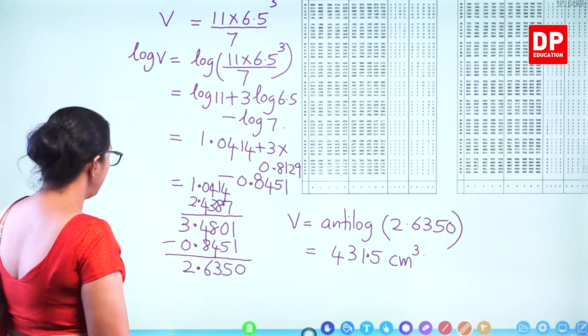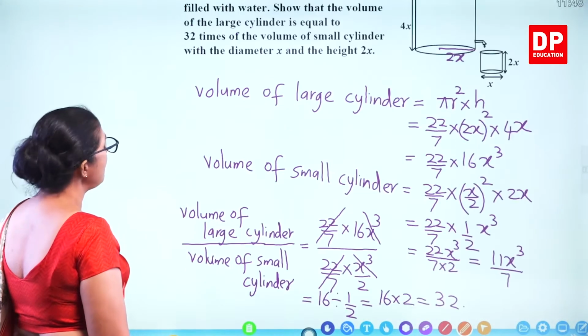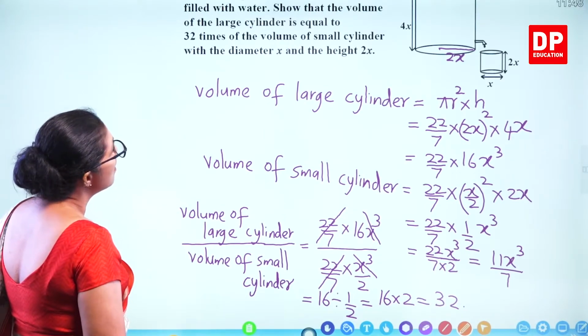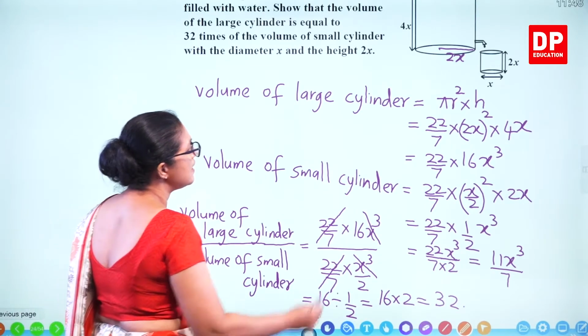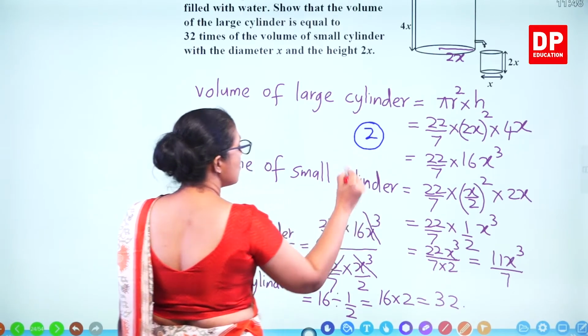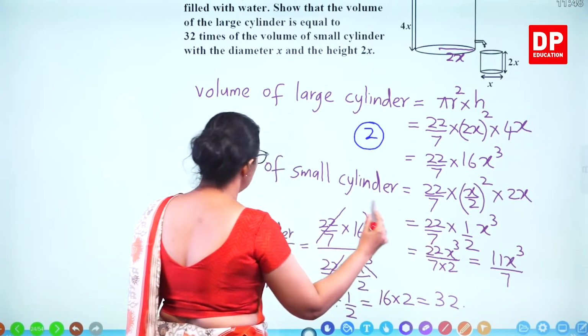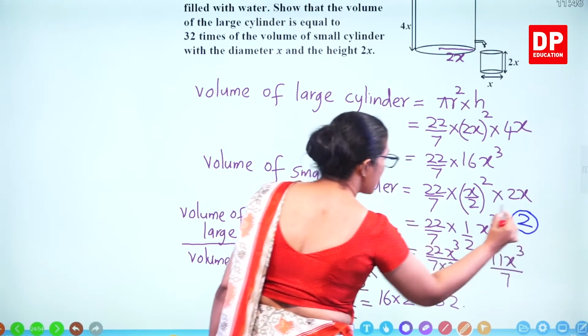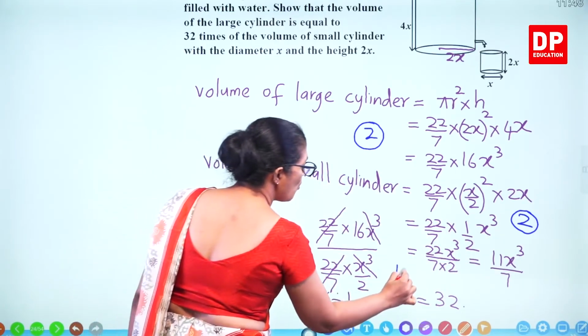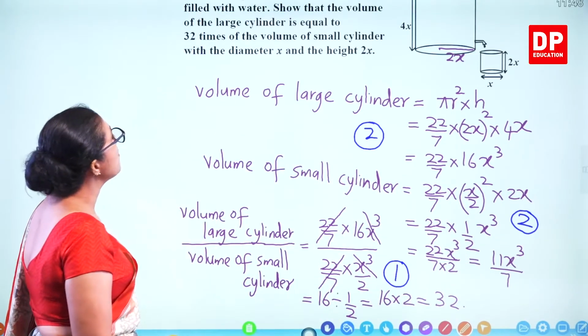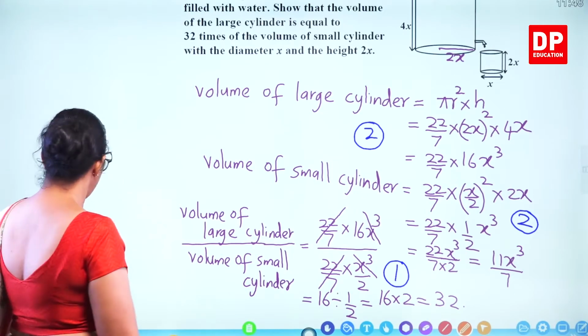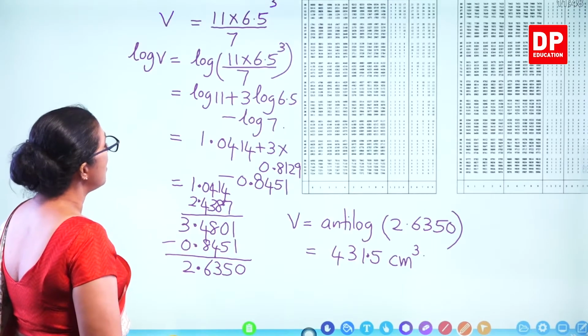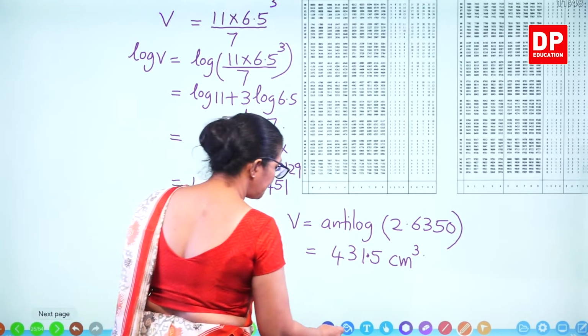Now we can give marks. Volume of the large cylinder 2 marks. Volume of the smaller one 2 marks, and taking the ratio 1 mark. So 5 marks for the first part, and the second part also 5 marks.